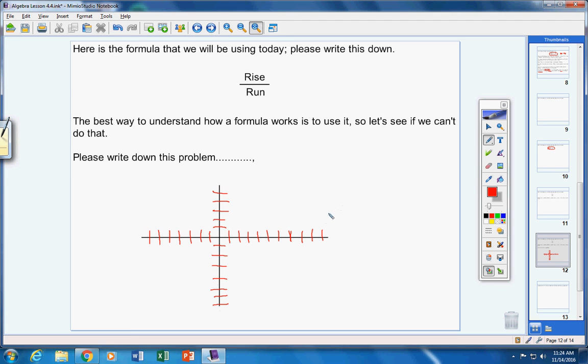Now, let's draw a line that looks like this. We'll do a steep one like this. There we go. Alright, so there's my line. Let's get some ordered pairs on here real quick.